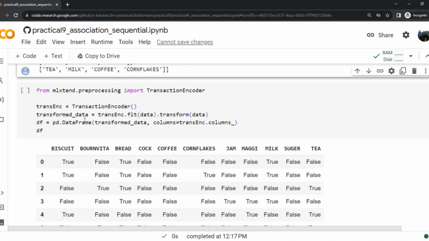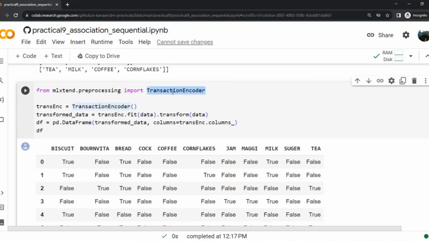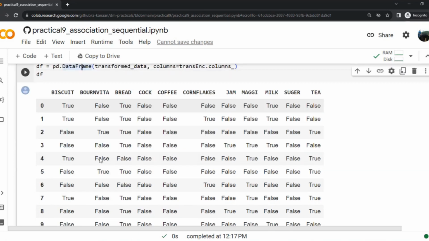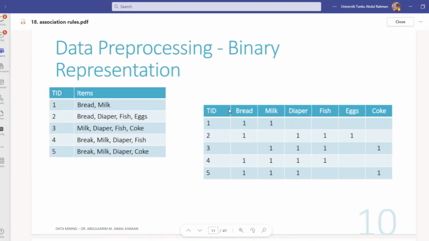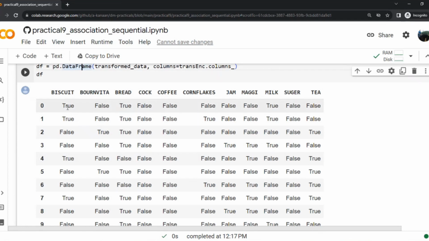Now the second step, you can use the transaction encoder. We define an object, then we call fit and transform, same as usual. Finally, we place the data inside a data frame for better presentation, so you can see the data as well as the columns. Now you can see we got a binary representation of 1 and 0. True means 1, false means 0.